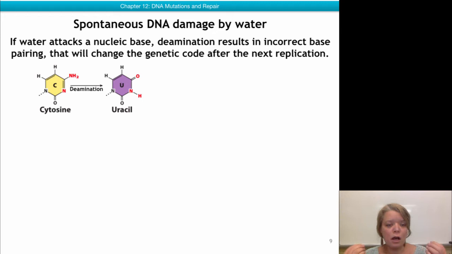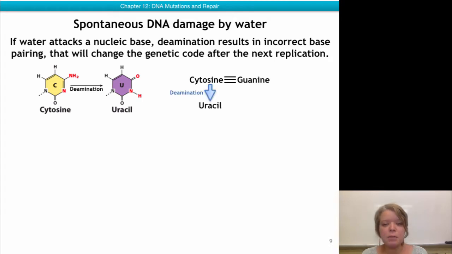So cytosine was reacted with water that's all around the DNA, and a deamination has occurred, changing cytosine to uracil. Now, normally cytosine base pairs with guanine, forming 3 hydrogen bonds between the bases.